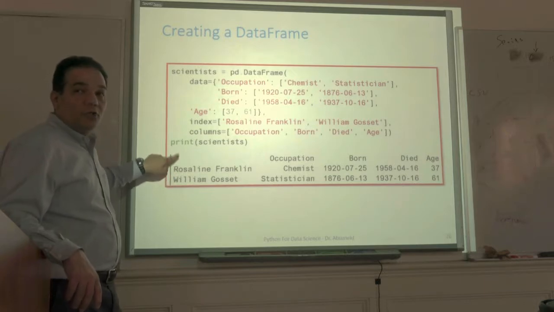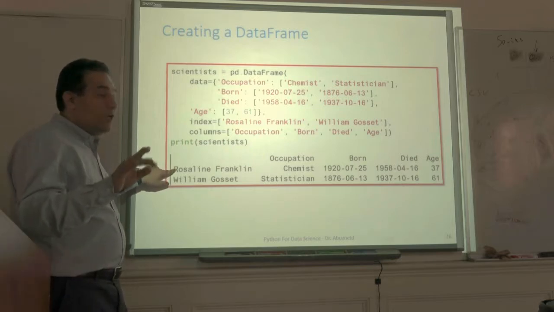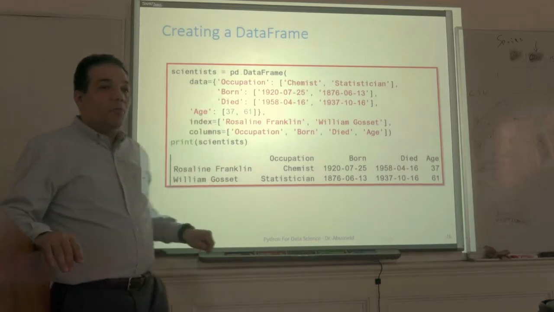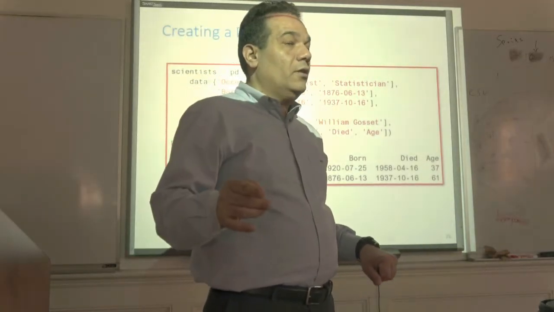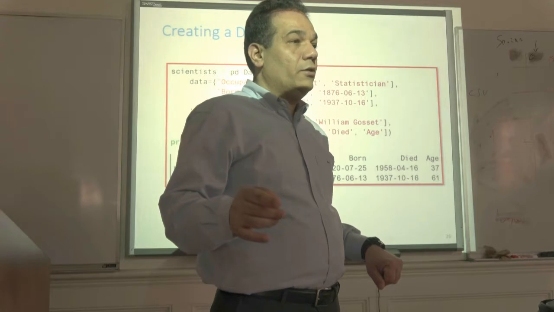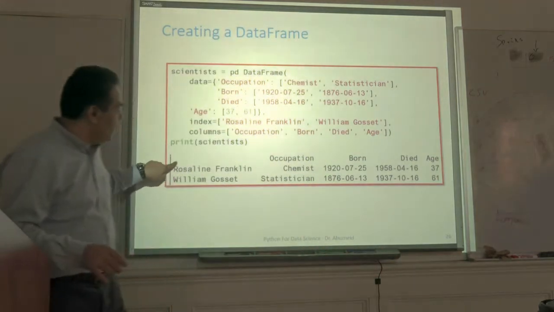Remember what I told you, that the data frame could be indexed by numbers. If you don't add an index, by default the system will add index 0, 1, 2, 3, a numerical index. But if you add an index, whatever you add becomes the index.